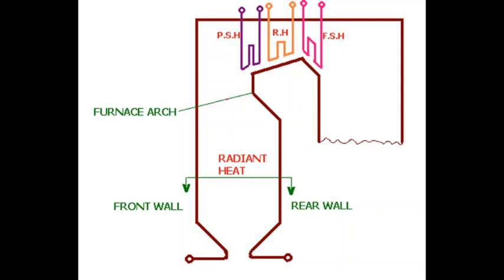So we find there is a continuous circulation due to thermosyphonic action which is generated due to density difference between the water column in the downcomer and water steam mixture column in the furnace water walls, and this density difference gradually decreases with rise in pressure.